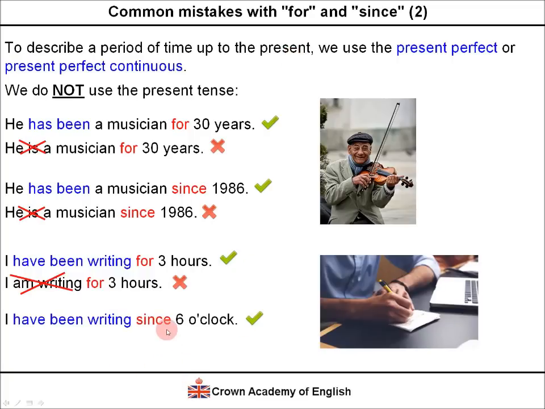And with the word since, with a point in time, this is correct. I have been writing since 6 o'clock. I am writing since 6 o'clock. No, this is wrong.